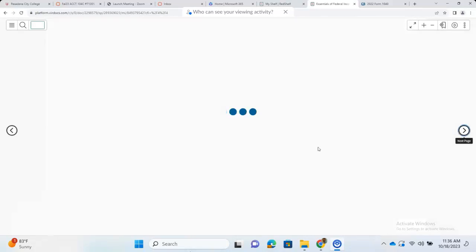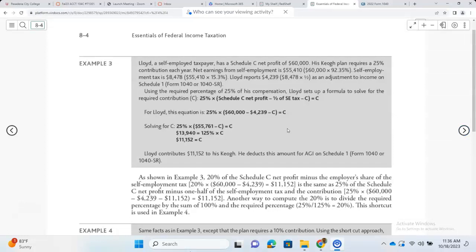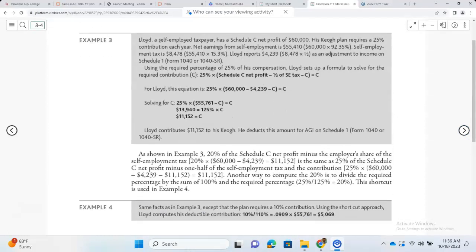Okay, let's see if we find an example. Here is an example. Lloyd, a self-employed taxpayer, has a Schedule C net profit of $60,000. His Keogh plan requires a 25% contribution each year. Net earnings from self-employment is 60,000 times 92.35%.